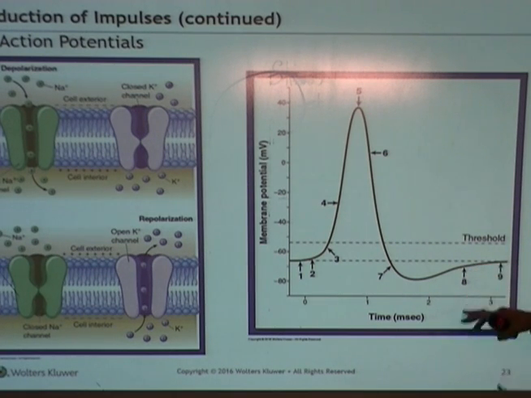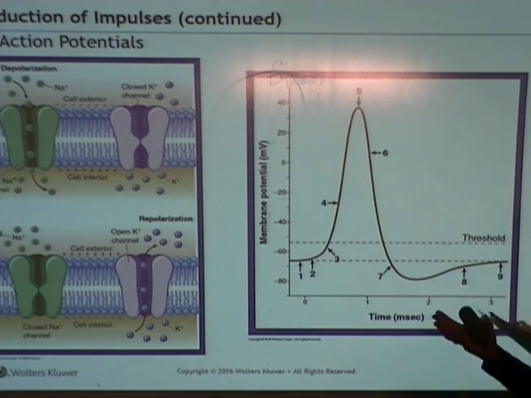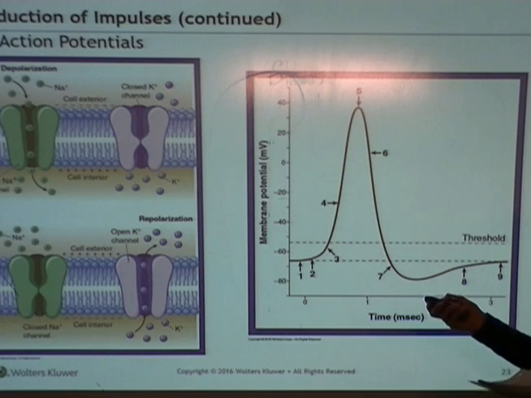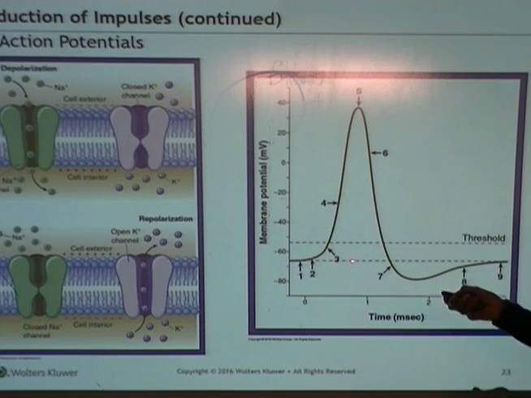But when you see how quickly this happens, it becomes really kind of mind-blowing to me, right? So this bottom dotted line here is resting membrane potential. All right, so in this diagram, they actually have it just under -70. So it's about -68 here, right?